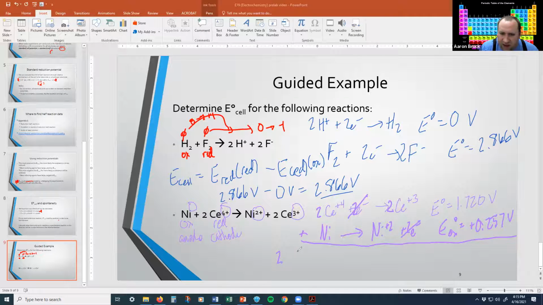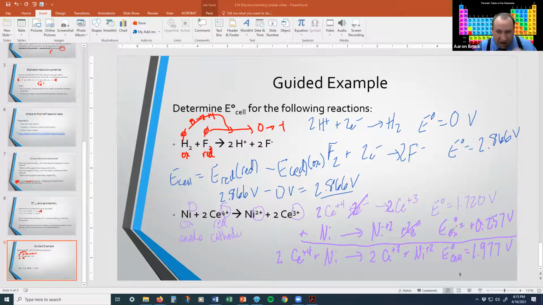I end up with exactly the same formula as what I started with above. To find the cell potential, I would just add those two together, and I end up with the same 1.977 volts.